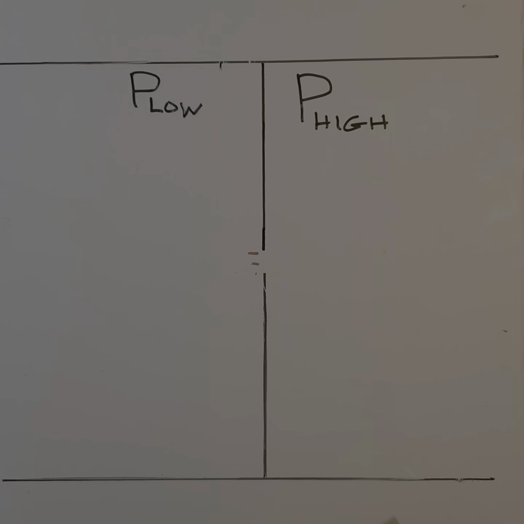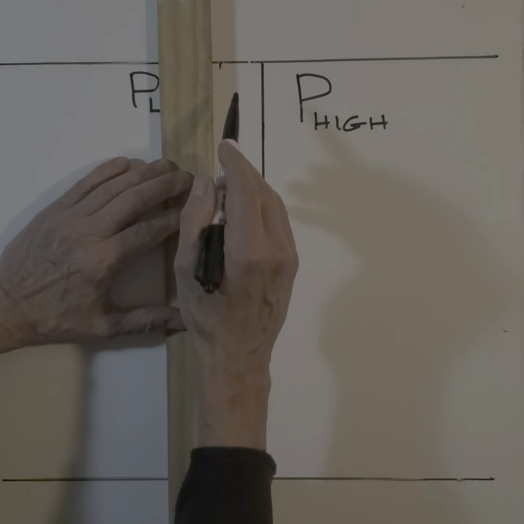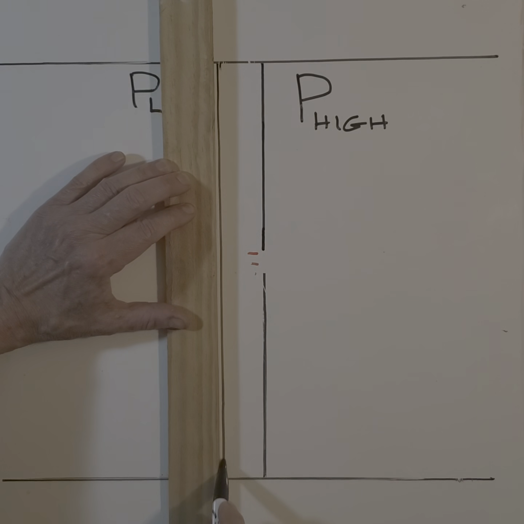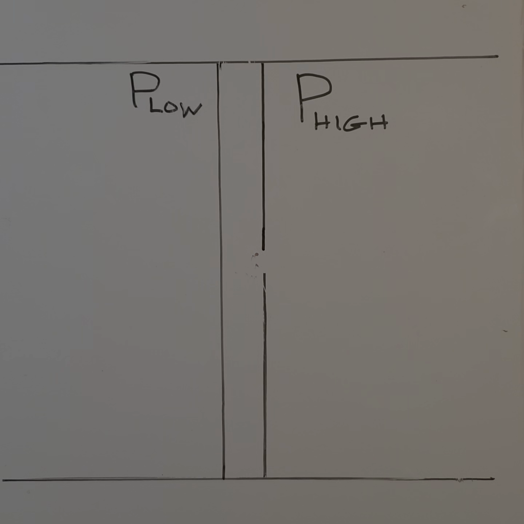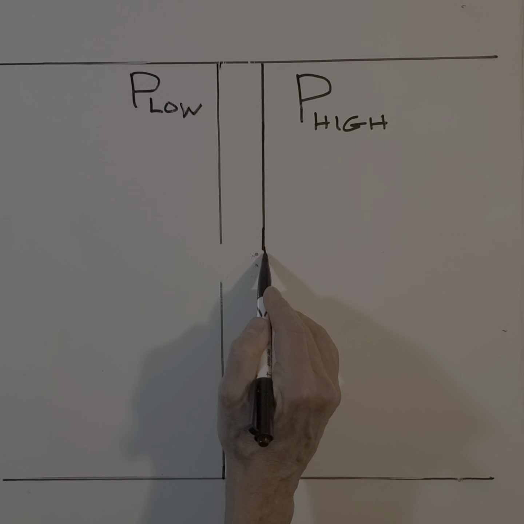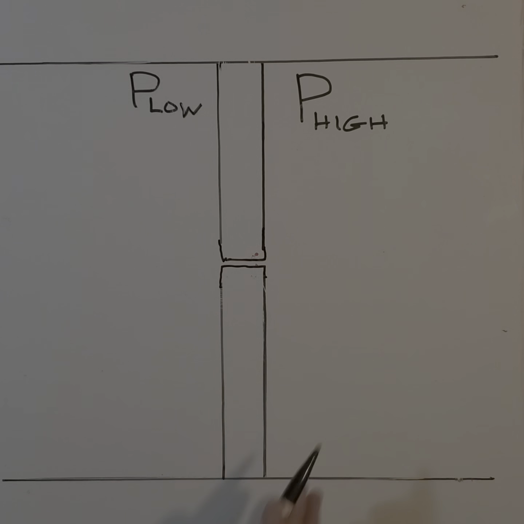So considering that we're going to make a thicker boundary, now if we have a small aperture here, is the velocity the same as it was before?